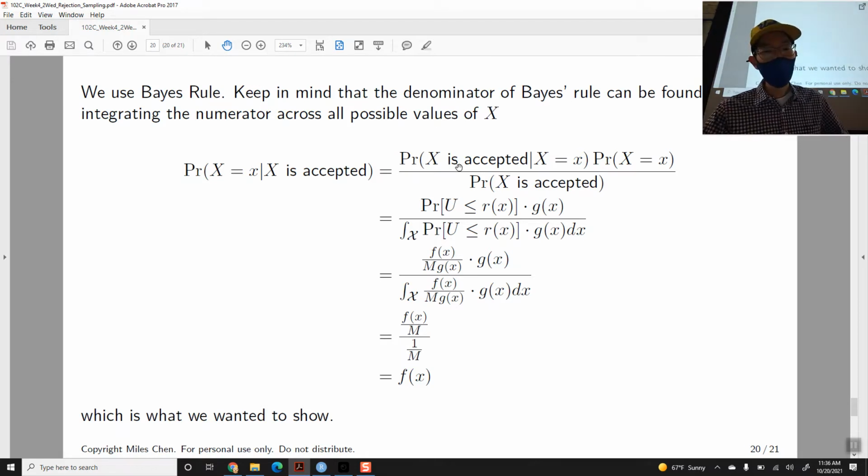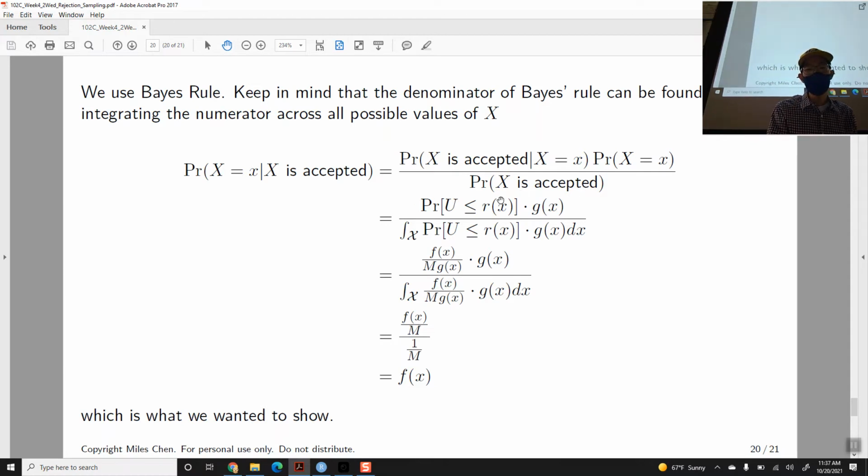So the probability of getting a particular value of x, given the fact that x is accepted, can be found using Bayes' rule by saying, first let's find out what's the probability that x is going to be accepted if you've generated x, multiply that by the probability of generating that x, and divide that by the total probability of all x getting accepted.